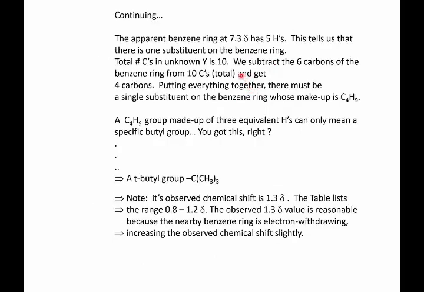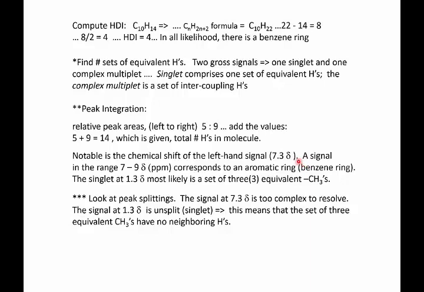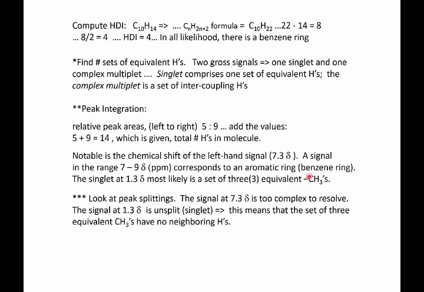Let's subtract those 6 carbons from the total 10, and that gives us 4 carbons. That would mean then that this signal at 1.3 is an alkyl group with a total of 4 carbons. The alkyl group with 4 carbons has, we decided before, 3 equivalent methyls.